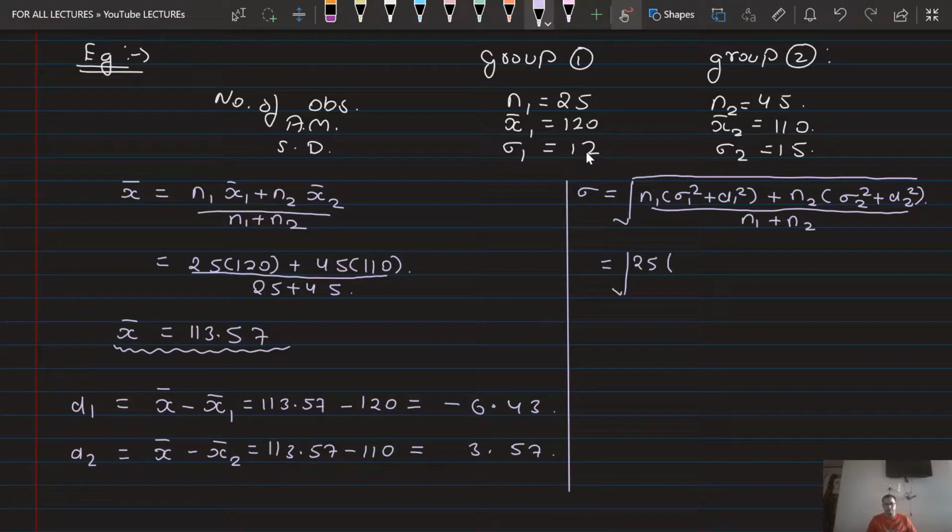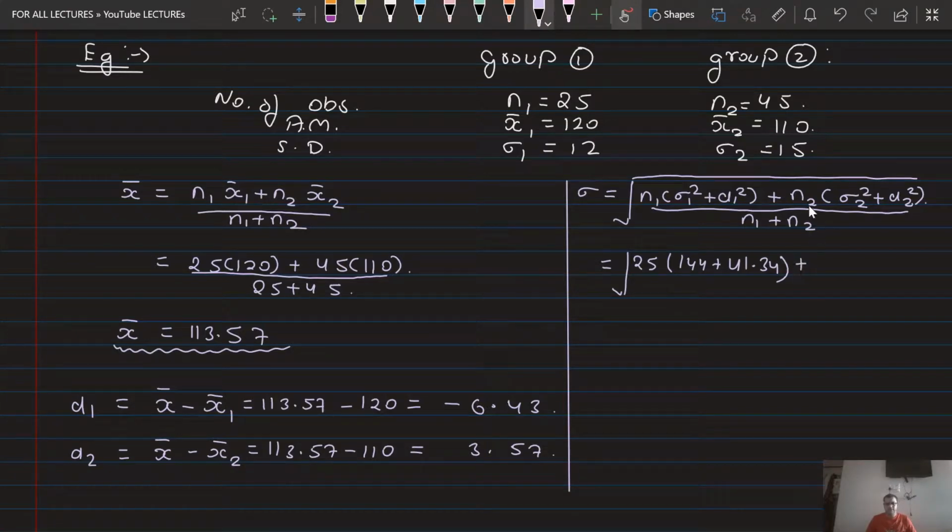That is equal to 12. So what is the square of that? 144 plus 6.43 is the value of D1. So just square this and tell me what answer are you getting over here? 6.43 square. Yes, 41.34 is the value for the first.